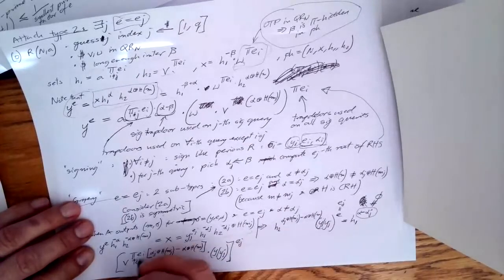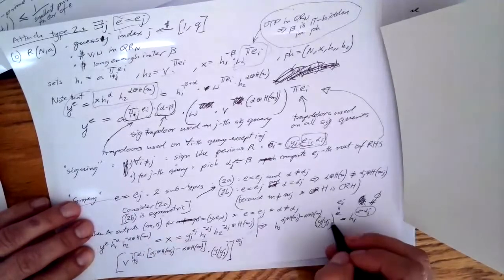Because ej multiplied here gives me h2, and of course this part gives me this thing.